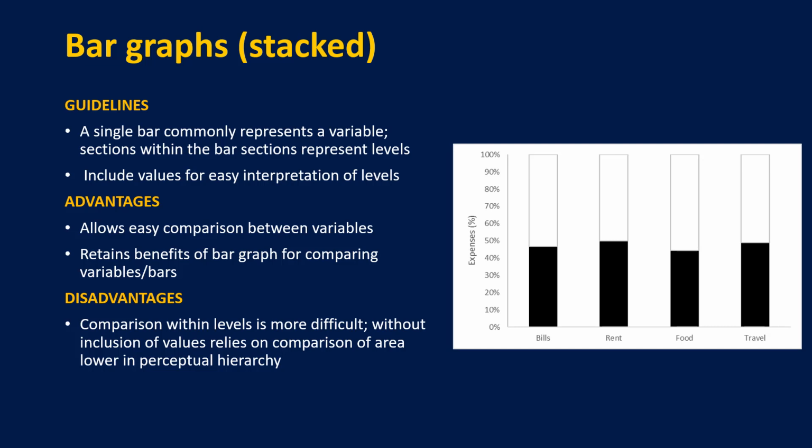You also can't apply error bars to this information, which means that scientifically these are inappropriate graphs to use, because those values are generally going to be based off either a mean, in which case we really need an error bar, or if we're using a percentage, then there are better ways to present this, such as the pie chart we're going to look at later on. So it'd be unusual to use stacked bars.